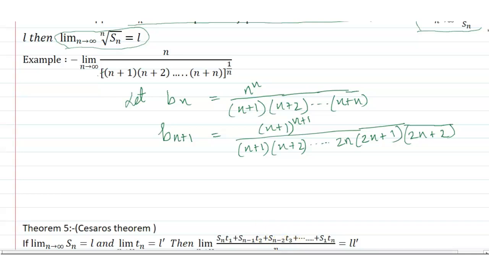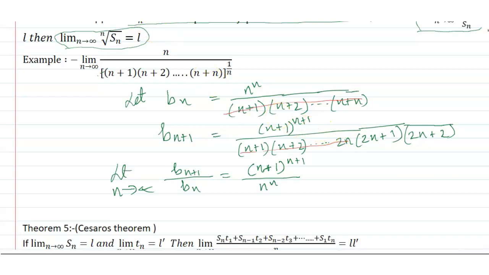So now we have to see that limit n tends to infinity Bn plus 1 divided by Bn equals, you see that if I divide this portion, whatever I have got, n plus 1 whole to the power n plus 1 divided by n to the power n, and you see that this portion and this portion will be cut.